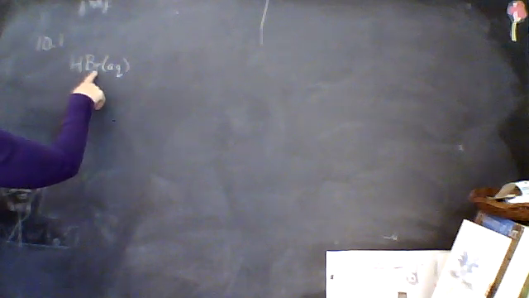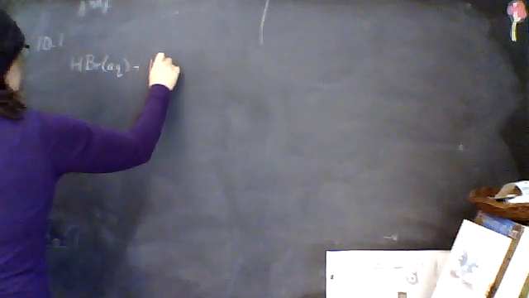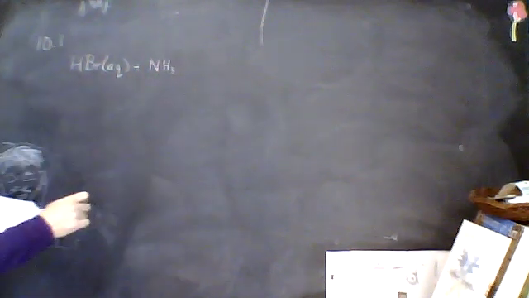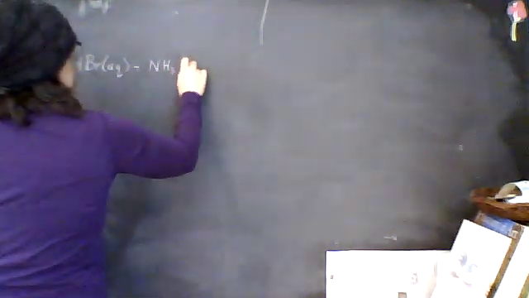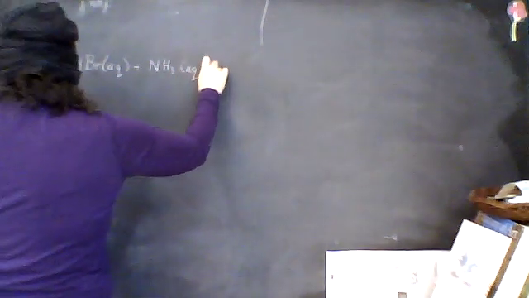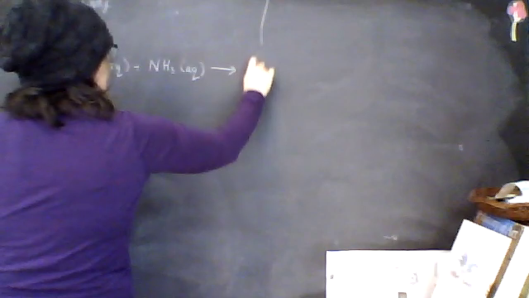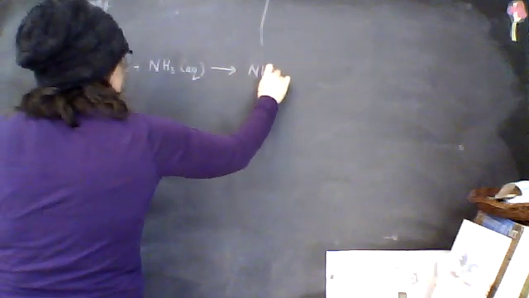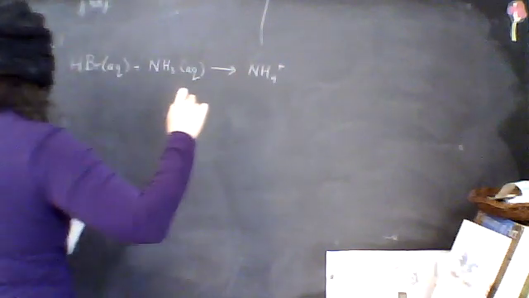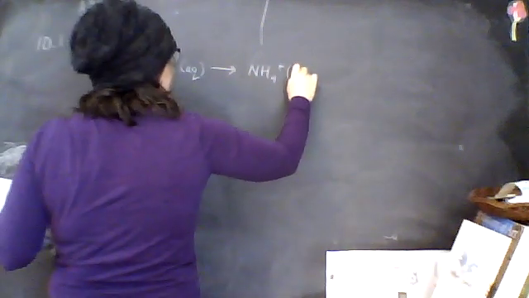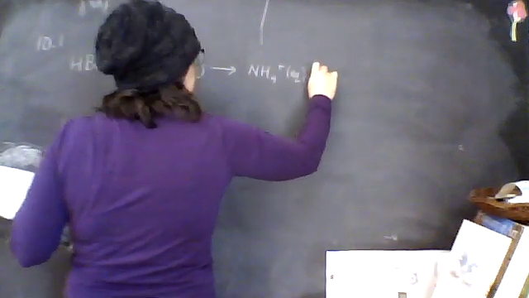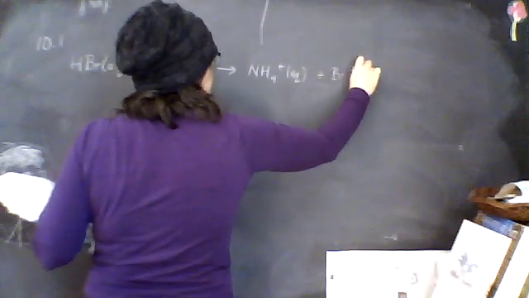So this is hydrogen bromide, aqueous, plus NH3, aqueous, yields NH4 plus, aqueous, plus Br minus, aqueous.